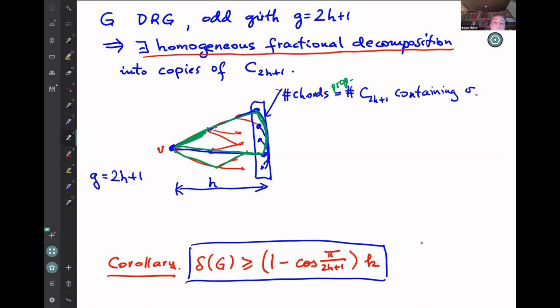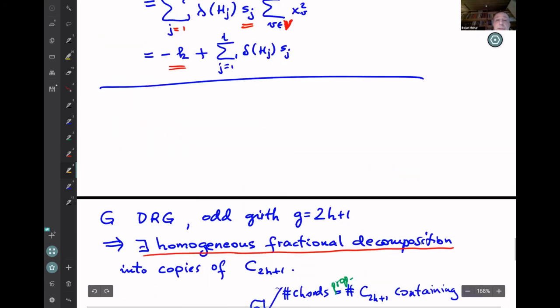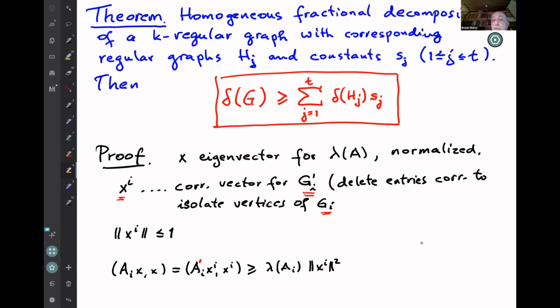So using that, we can get the lower bound on the spectral negative spectral gap. If I have such a non-bipartite distance regular graph, I just use the previous theorem, which says that delta of G is at least the sum of these deltas.